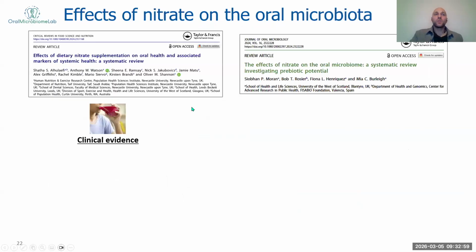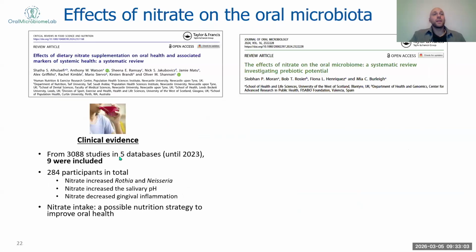And here is a summary of the results. So the clinical evidence based on 9 studies that were included in this systematic review indicated that nitrate intake increases Rothia and Neisseria, increases the salivary pH, and can decrease gingival inflammation. So they proposed that nitrate intake could be a possible nutrition strategy to improve oral health.